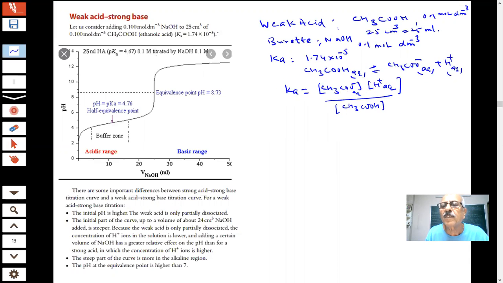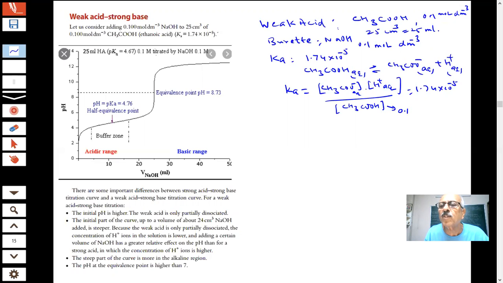How much? 1.74 into 10 minus 5. How much acetic acid are you taking? 0.1. This value is 0.1 molar, given. So these two are equal.